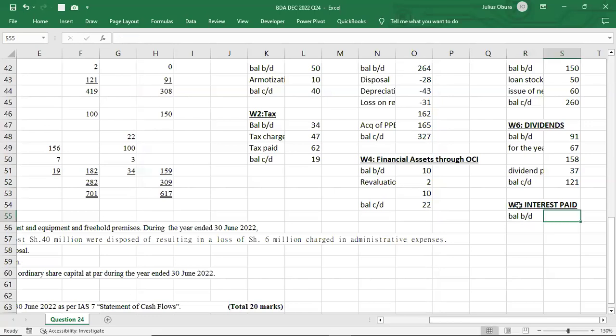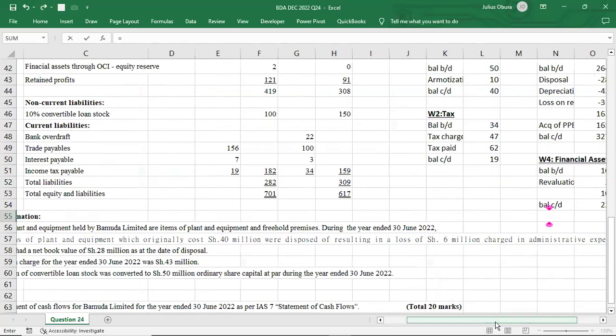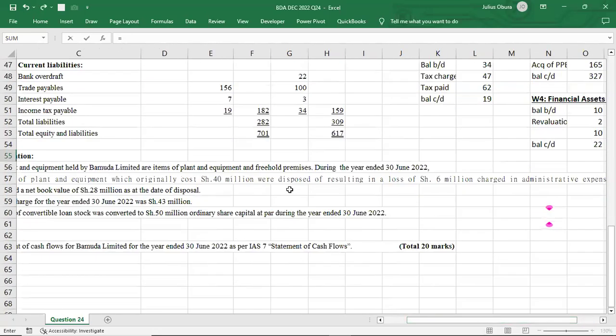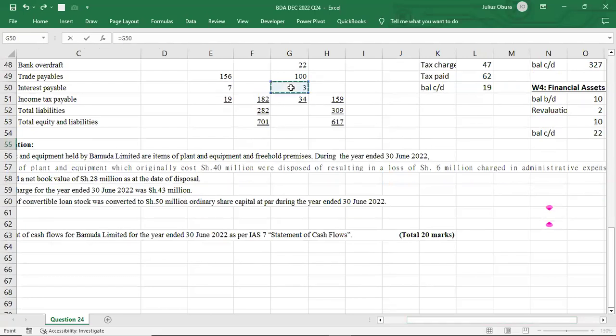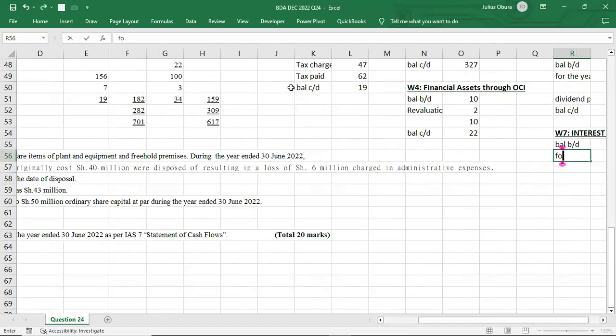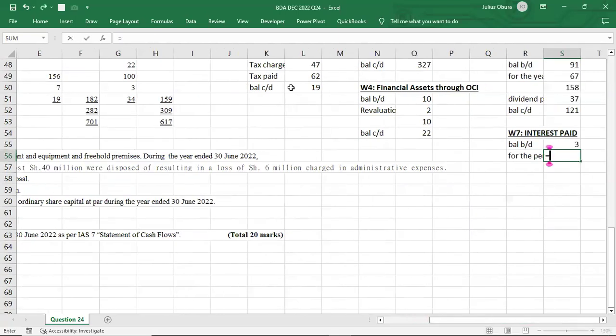We have our balance brought down, and our balance brought down for interest is 3. Then for the period, what was our interest during the period? You should get it from our income statement.